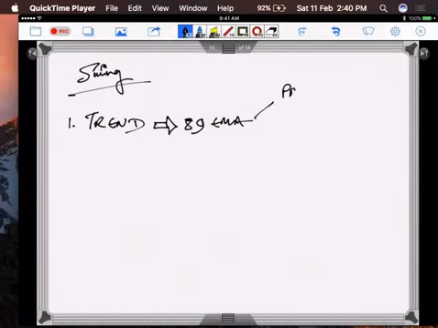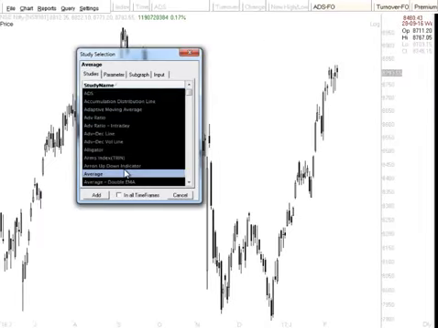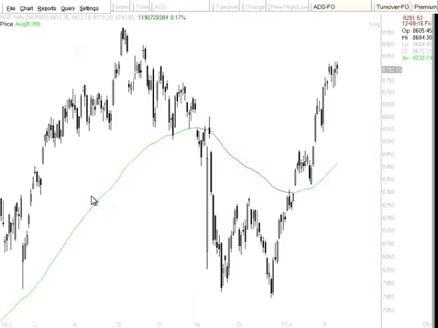If prices are above the 89 exponential moving average, it's an uptrend. If prices are below the 89 moving average, then it's a downtrend. Let's come here. Let's quickly go to the average, exponential 89. So above, so Nifty, I am in a long zone.